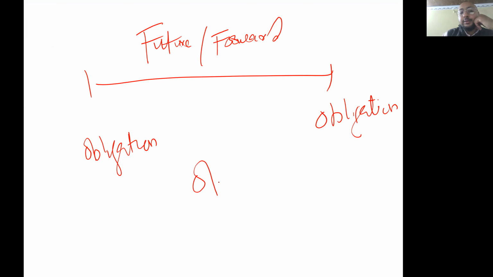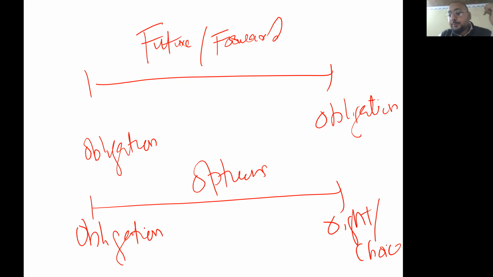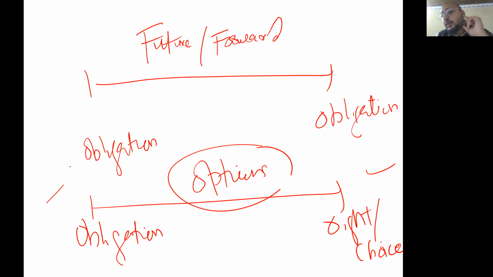In an option, if here is the obligation, the other side has the right or choice, or option. That's why its name is option. If here is the right, then here would be the obligation, and vice versa. That is the difference. And there are two kinds of options, call and put option.